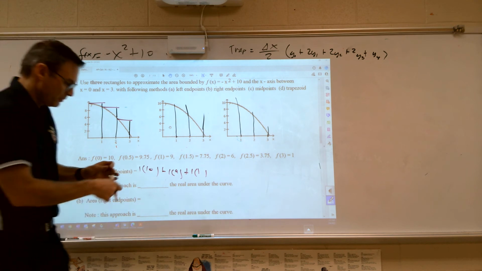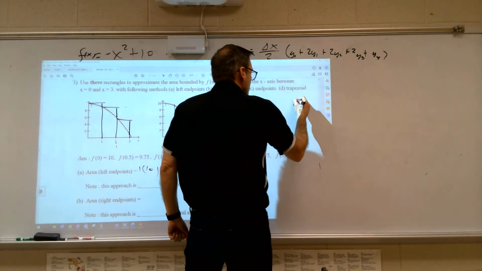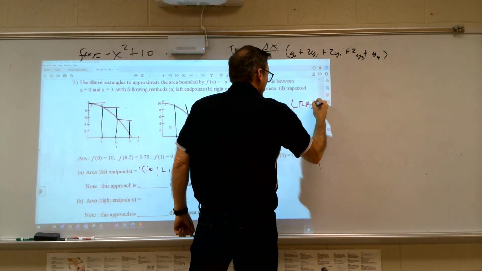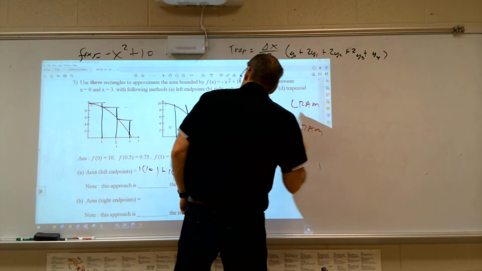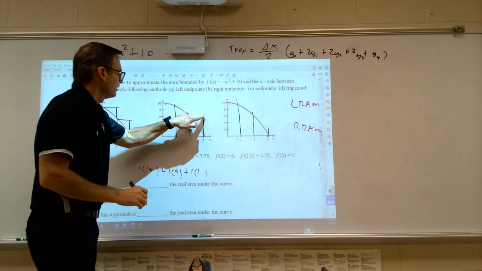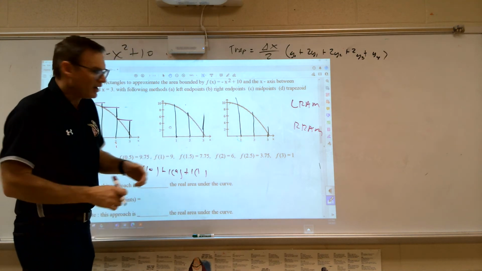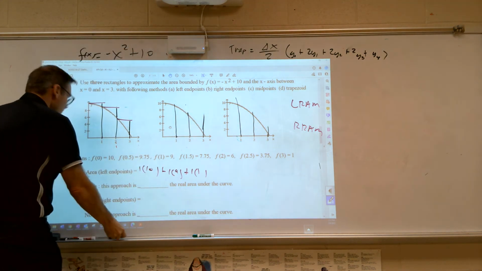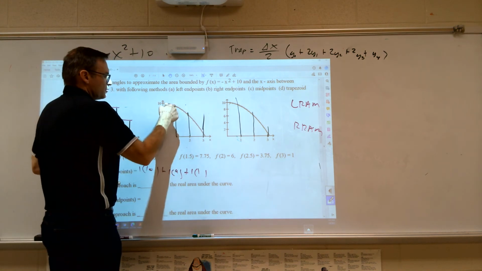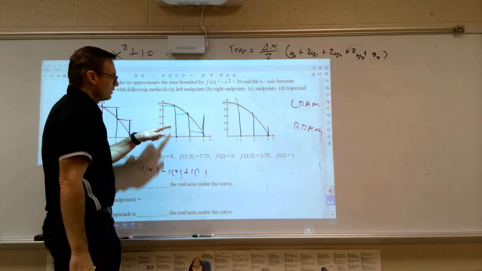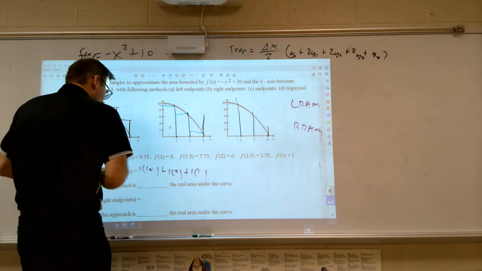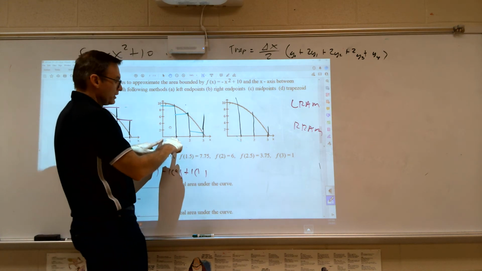The next thing he talks about is, so that was LRAM. Let's talk about RRAM. And so now I get my height from the right, which means that I'm here, I move over, I move over, I move over. And so now the base of the rectangle is 1.